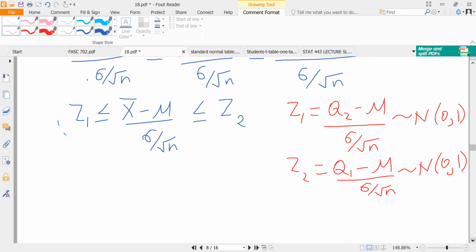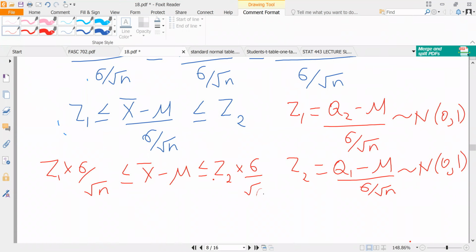First, we must cross multiply the denominator of the middle term so that we have Z1 multiplied by sigma over root n less than or equal to x bar minus mu less than or equal to Z2 multiplied by sigma over root n.